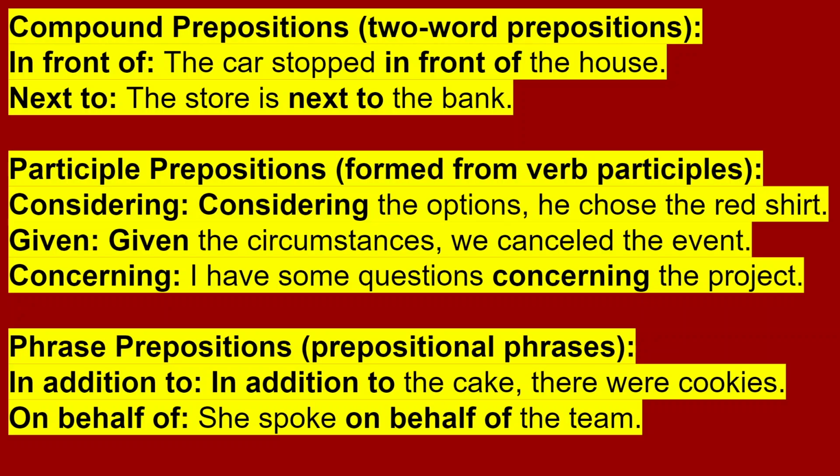Participle prepositions formed from verb participles. Considering the options, he chose the red shirt. Given the circumstances, we canceled the event. Concerning, again, I have some questions concerning the project.